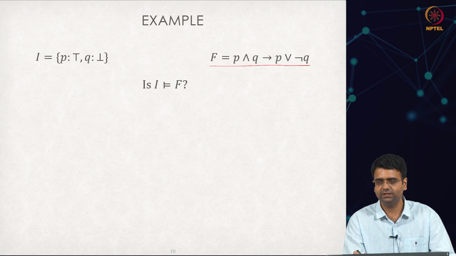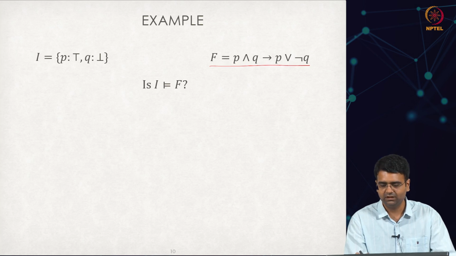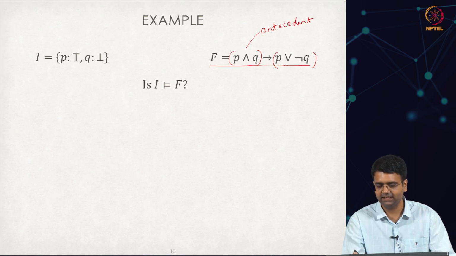Now recall what we just saw in the last slide. In order to evaluate a formula which is an implication, you look at the sub formula before the implication and the sub formula after the implication. The sub formula before the arrow symbol we call the antecedent, and the sub formula after the arrow is called the consequent.